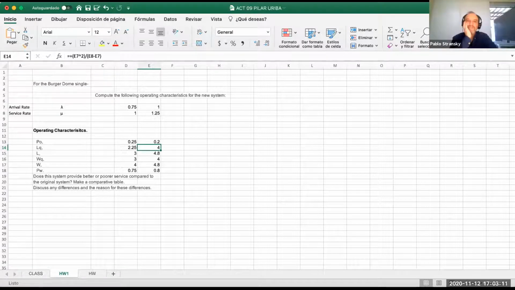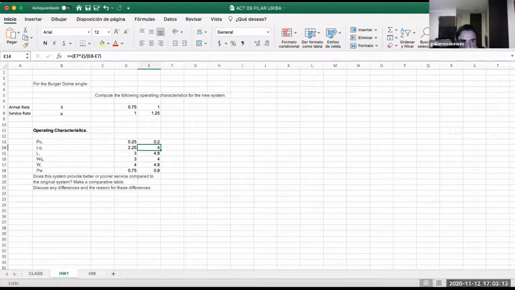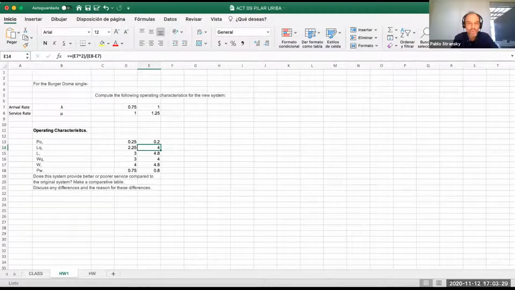Somebody else? I think that formula is wrong, the LQ formula. Okay, let me check quickly. I think it's B8 times the difference between B8 and B7. LQ is given by lambda squared.